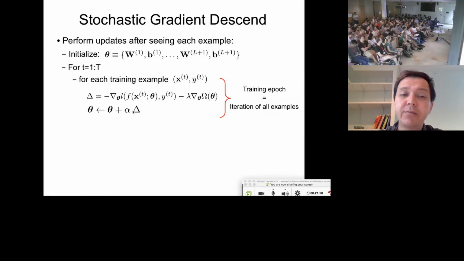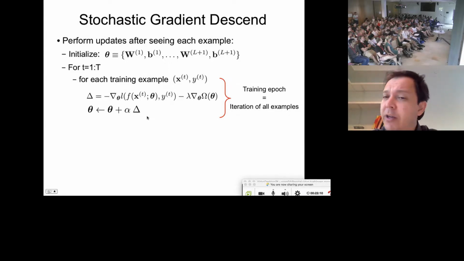So here, for t equals 1 to capital T, the number of updates you want to do, for each training example, you compute the derivative of the loss function and the derivative of the regularizer. Lambda here is the hyperparameter, which trades off the loss function with the regularizer. And alpha here is the learning rate, so you update your parameters by doing gradient descent.